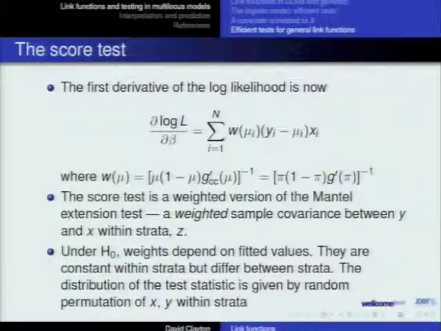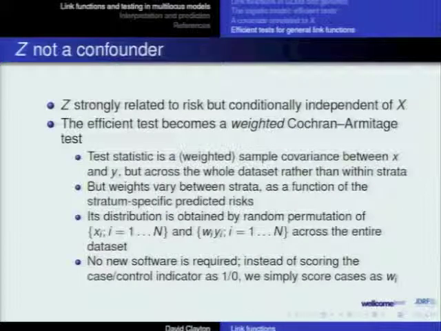But that test, which would be the classic one, is still allowing for the stratification to be a confounder. If again you're prepared to forget about that, if you're prepared to say X is independent of Z, I'm prepared to drop that out of the equation, then the test simplifies, and it goes back to being a simple covariance between X and Y taken across the whole data, but now it's weighted.